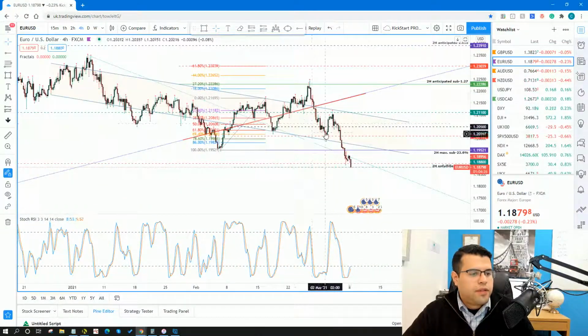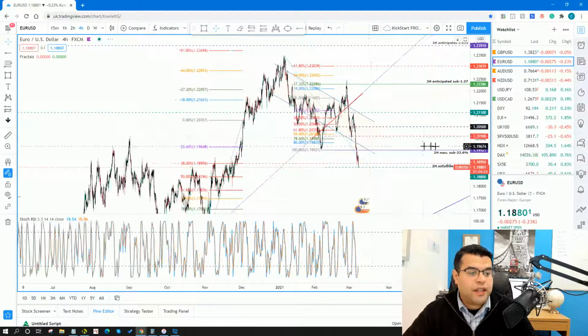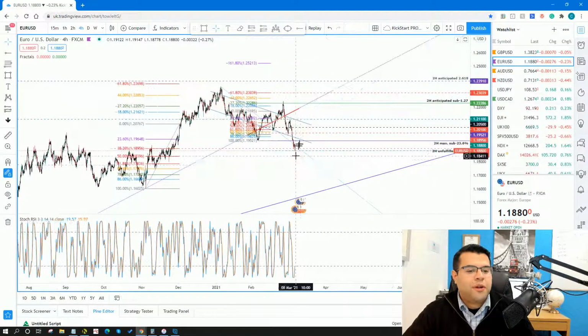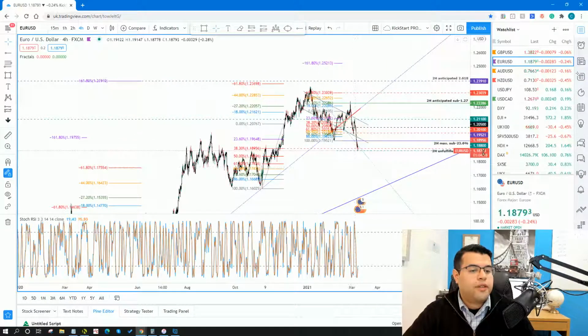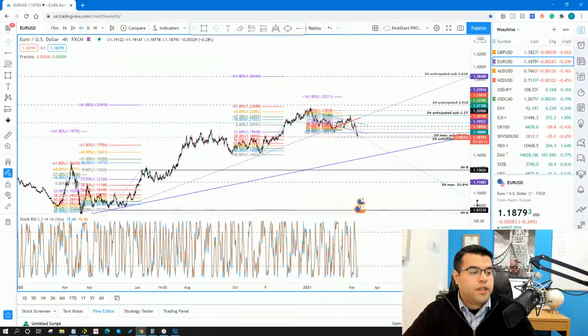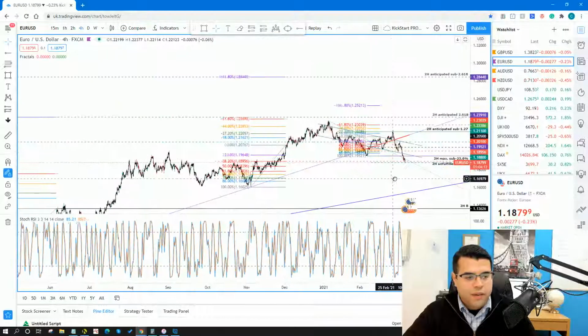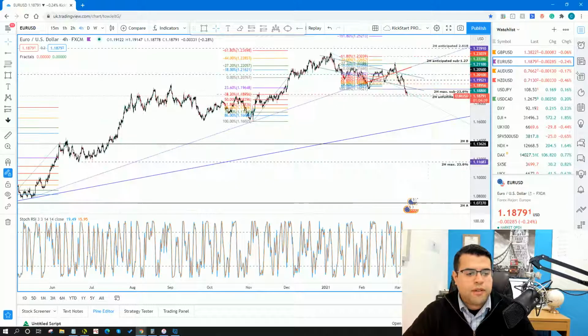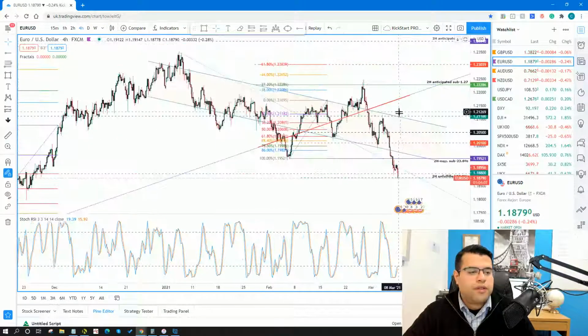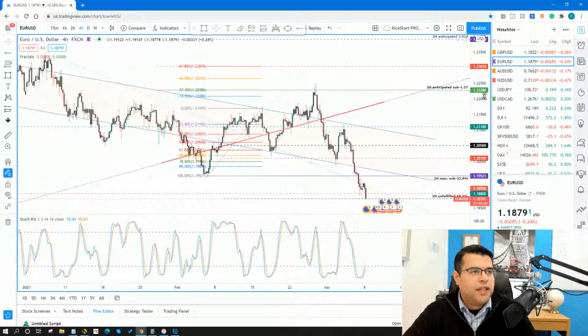Okay, so euro dollar is really selling off, right? There's a 2-hour unfulfilled sub 38.2. That's now been hit, it's been fulfilled, and the euro dollar is just still selling.